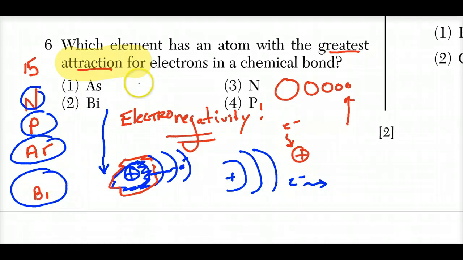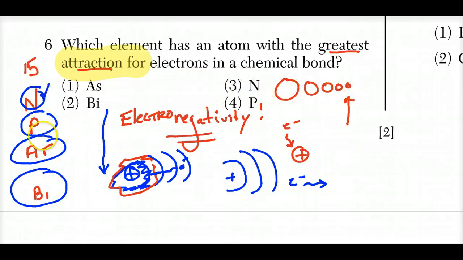So of the 4, the greatest attraction would have to be the nitrogen, just based on our periodic trends. Now, if you were following other questions with me, electronegativity is listed in reference table S. So if you weren't going to use your trends, if you didn't quite know this background information, which you should know because it's part of the Regents curriculum, as you go across the periodic table, it gets smaller because the number of protons increases.